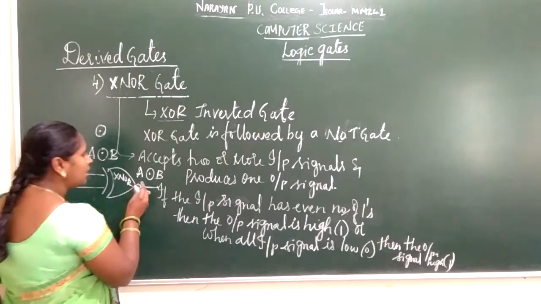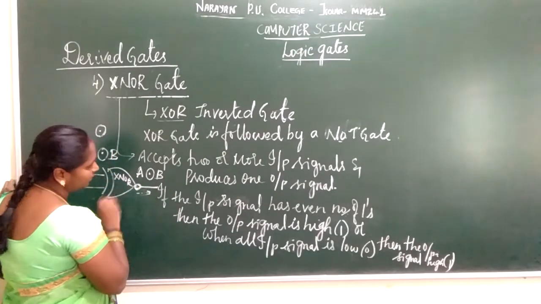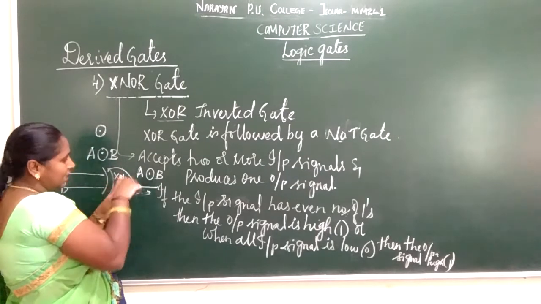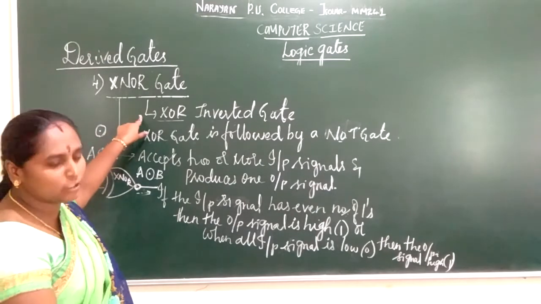Similar to the XOR gate, a small bubble or inverted signal is represented. That indicates the XNOR gate is nothing but the complement of the XOR gate. So we'll see for two input signals how it's going to work.